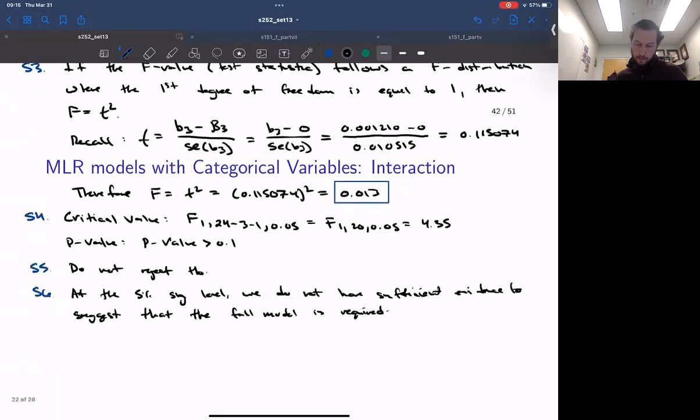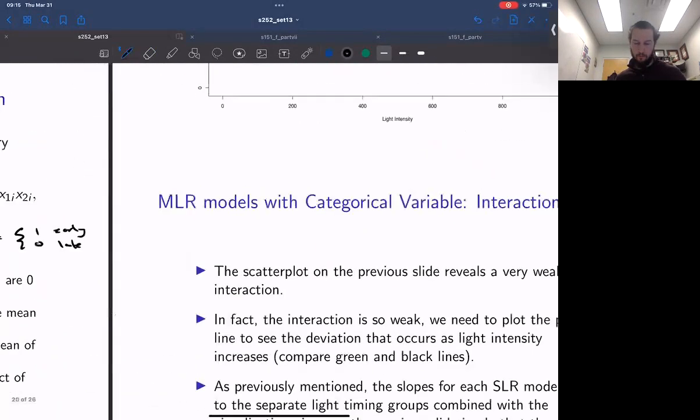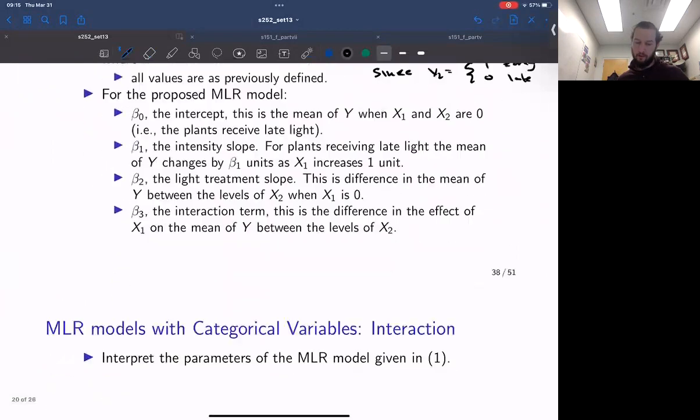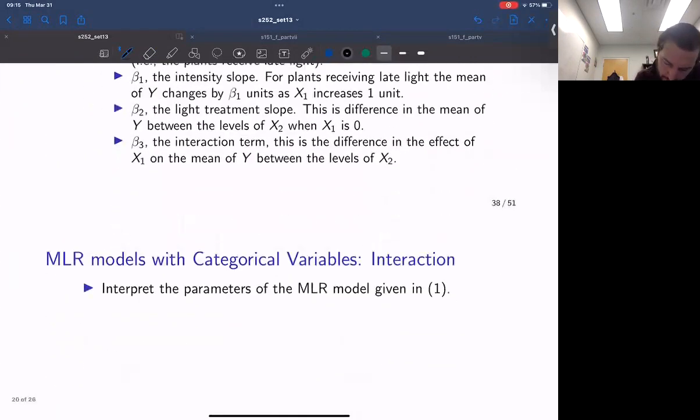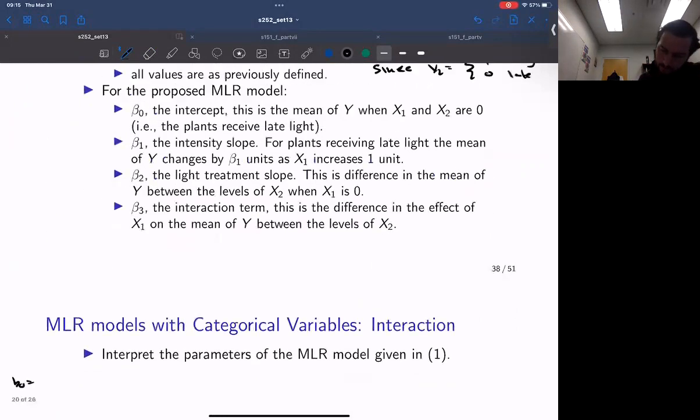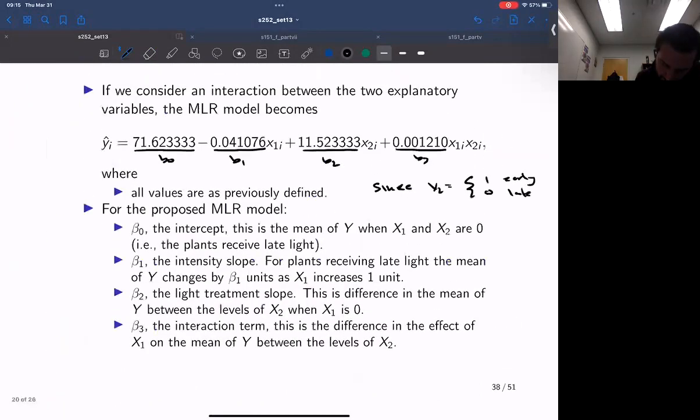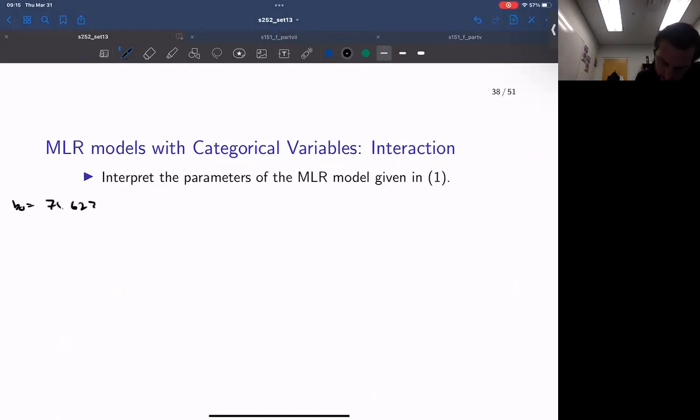Okay, so just before I wrap up here, I need to go back and just talk a bit about the parameters in the model. Okay, so B0 is 71.623.